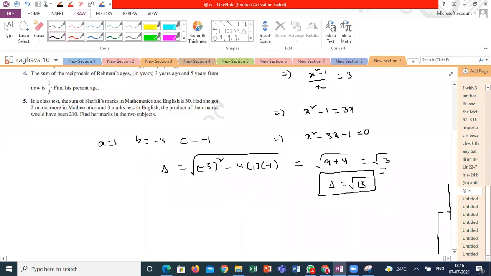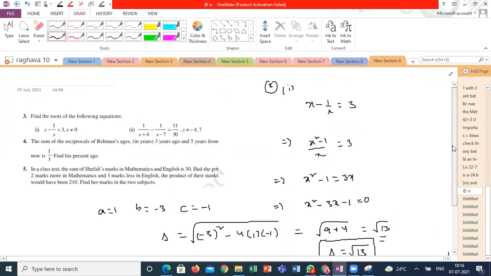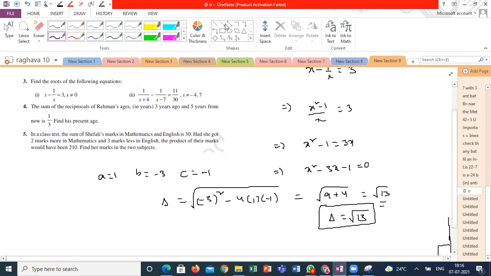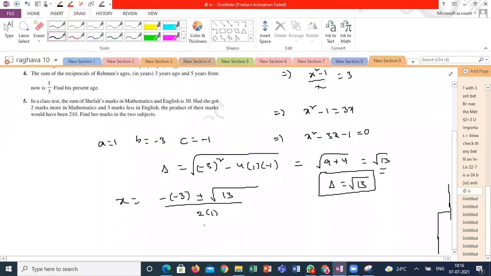Guys, is the delta value root 13? Yes, sir. So then what is the solution? x is what? Minus of minus 3 plus or minus square root of 13 divided by 2 into 1. So the answer is 3 plus root 13 by 2, 3 minus root 13 by 2.